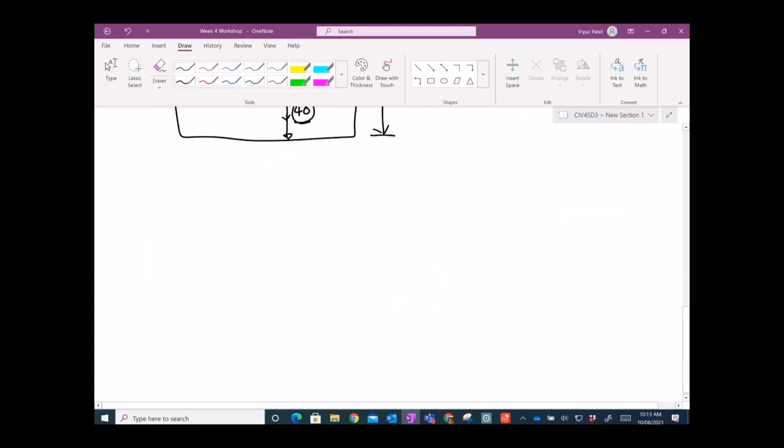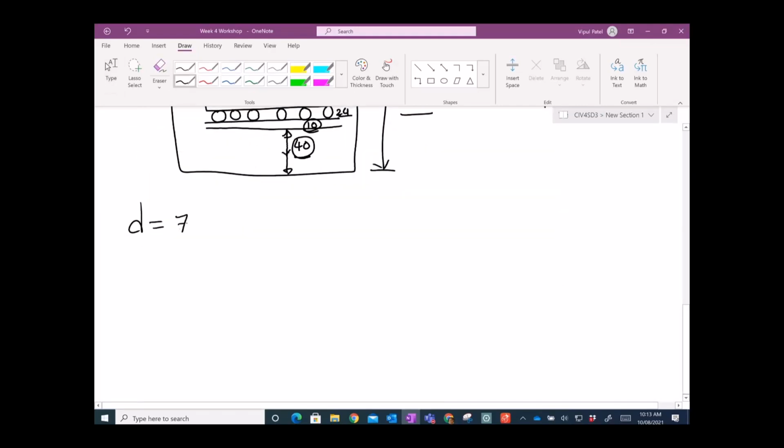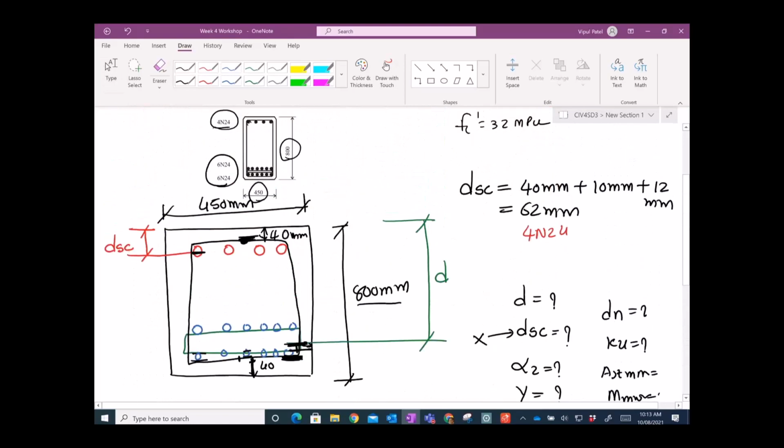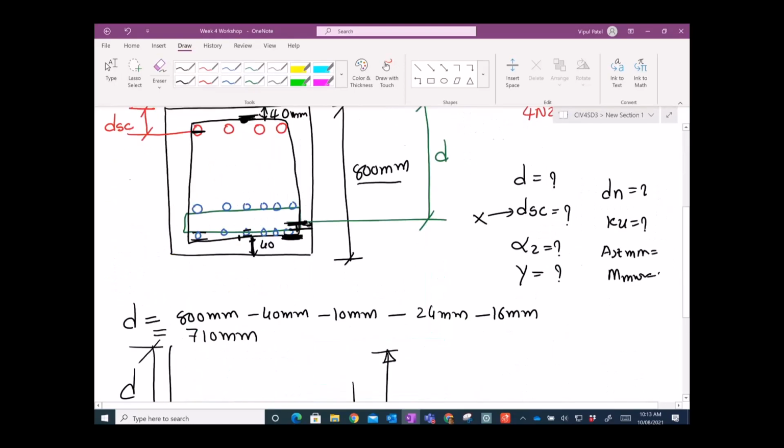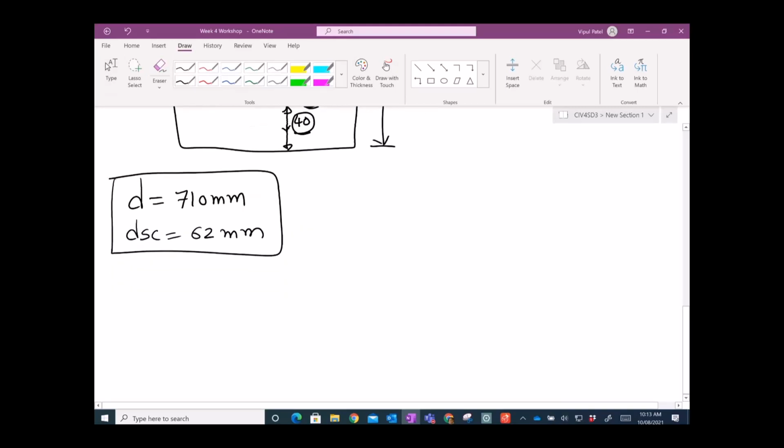Right? So these two details are a must: D equal to 710 millimeters, and you have a DSC of 62 millimeters. Okay, so let's put it in the box, because we know we need those details.